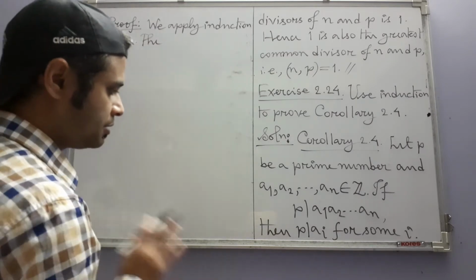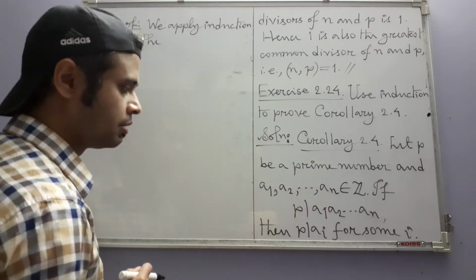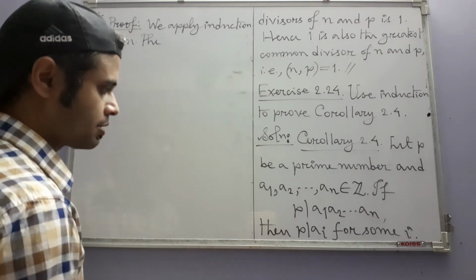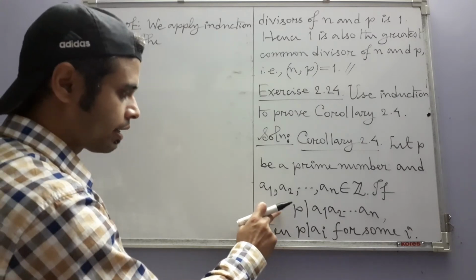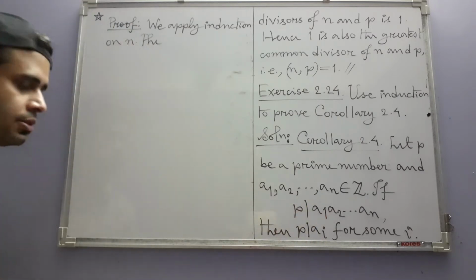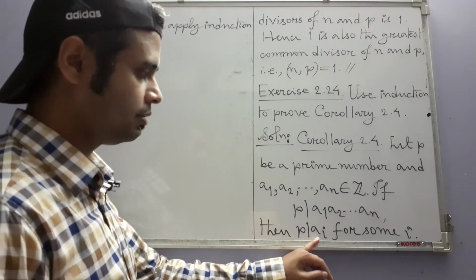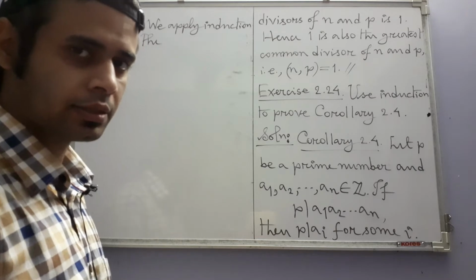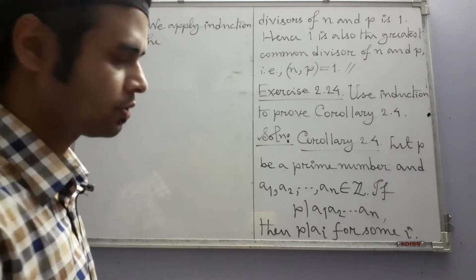Because nothing has been said about n, it can in fact be 1, in which case the statement is trivial, because in that case we have only one integer a1 and the hypothesis is that p divides a1 and the conclusion is that p divides ai for some i, because the only available i in this case is 1, so p divides a1, which is true.